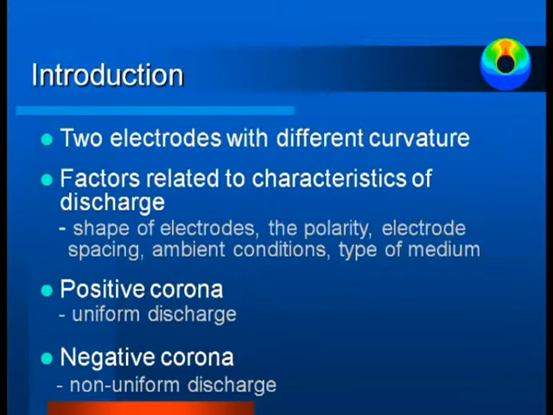Ambient condition, these all come into play. And in my work, I usually restrict it to DC, direct current, but it can also apply to AC. And if you understand the phenomena of DC well, then of course extending it to AC is not a problem.